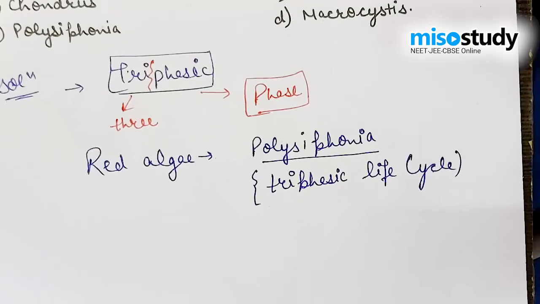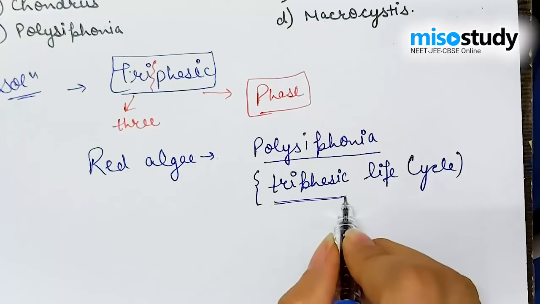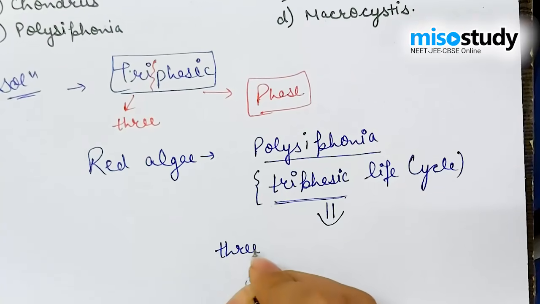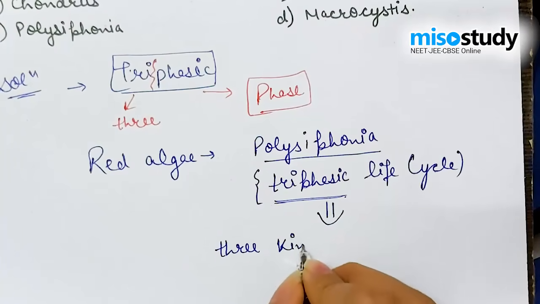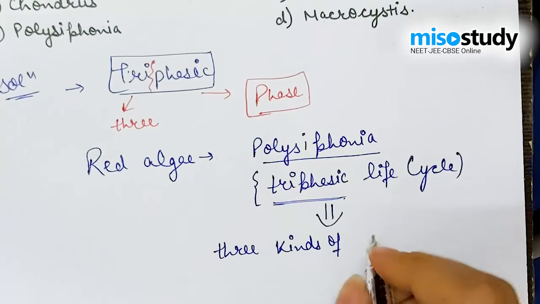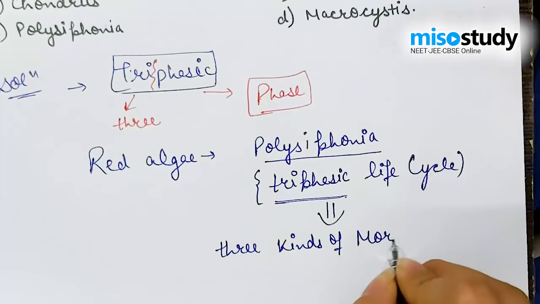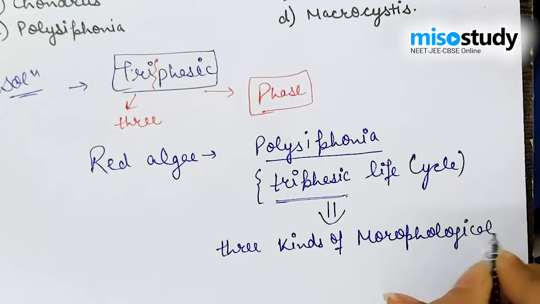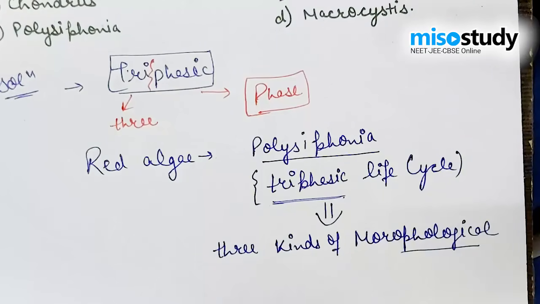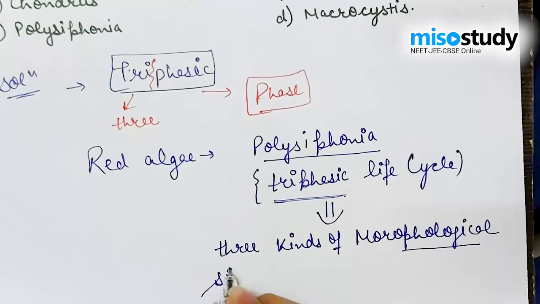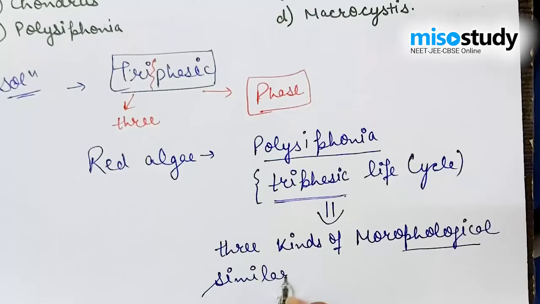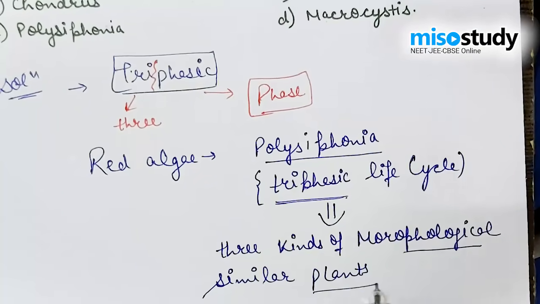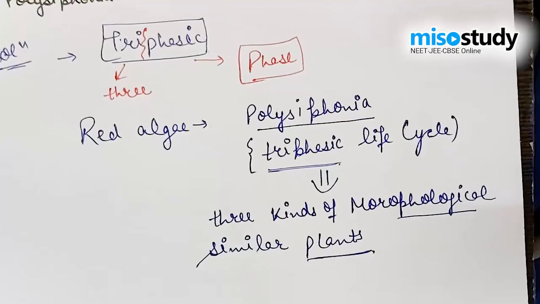The life cycle in which the triphasic generally includes three kinds of morphologically similar plants following one after another.